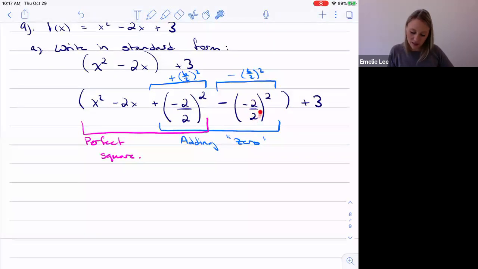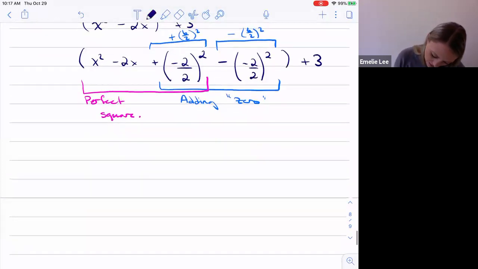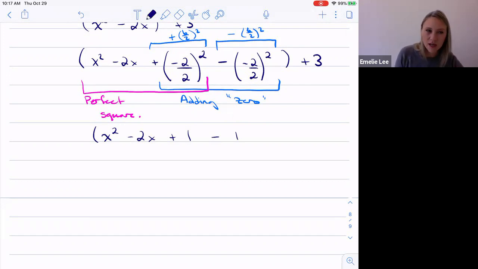And same thing here. So what I'm going to do is rewrite this, maybe in 2 steps. x squared minus 2x plus 1 minus 1. Okay, but you don't want to cancel those, plus 3.